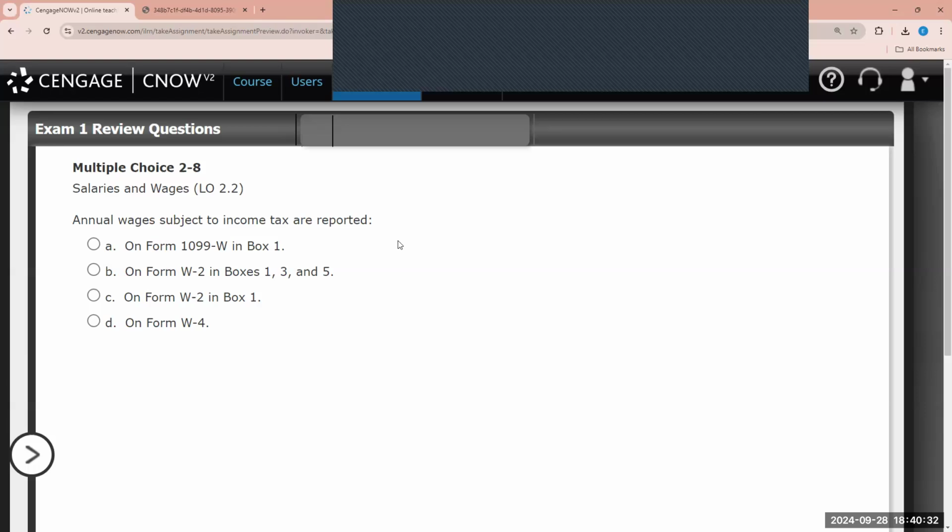Annual wages subject to income tax are reported where? As an employee of a business, this is one of the most common ways to earn income in the United States of America. And as an employee, the primary form of reporting wages from employers is Form W-2.